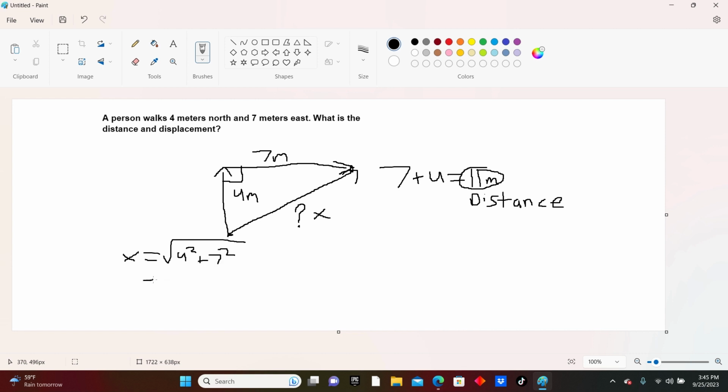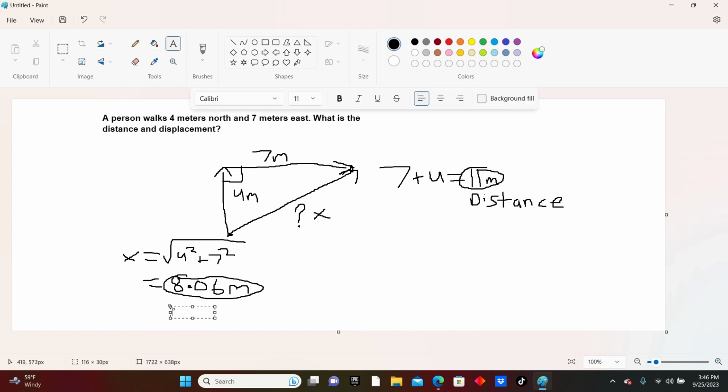If we plug this into our calculator, which I am doing right now, we should get a value of 8.062 meters. Rounded, of course, we'll just round to 8.06 meters. So this value here is your displacement.